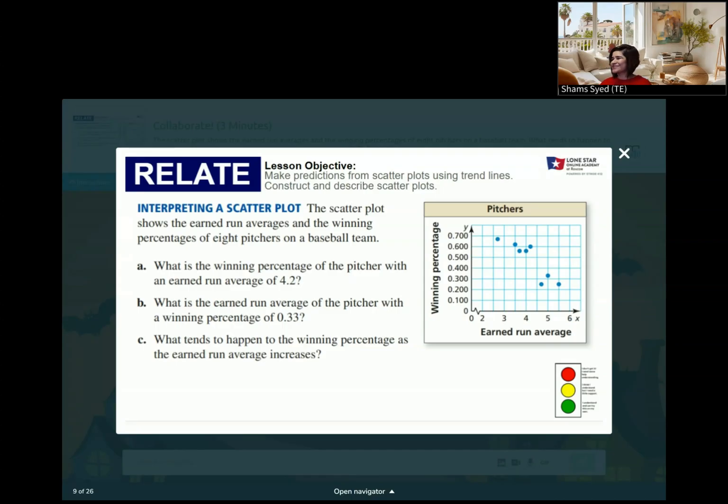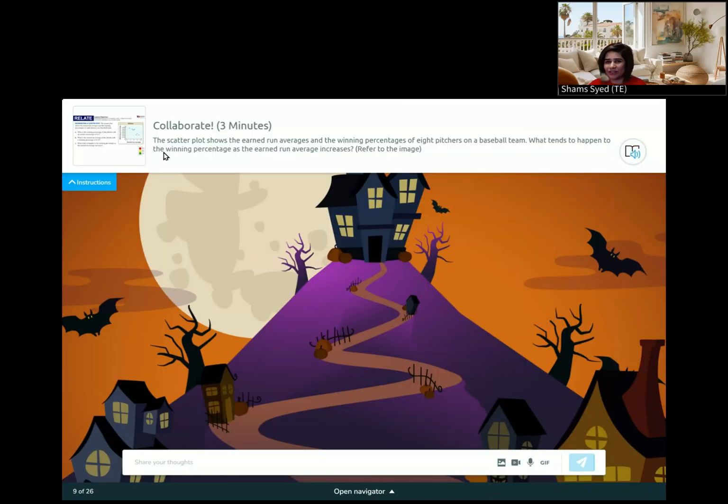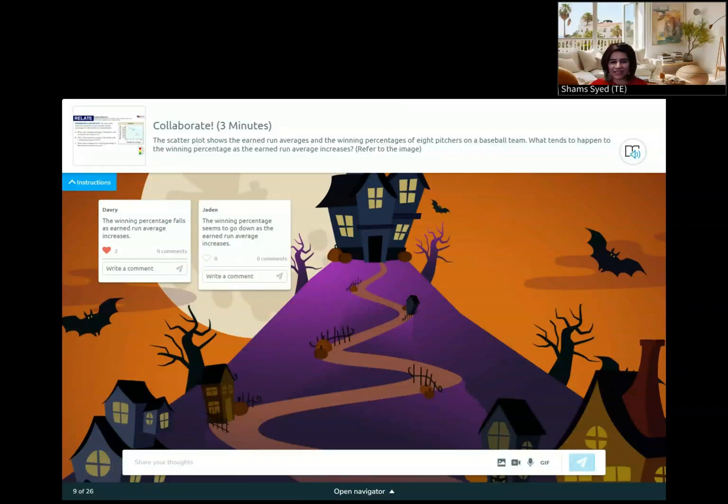Hope sees the winning percentages decrease as the earned run average increases. Part C, Zayla. This is the discussion post. What tends to happen? Davy has a response. The winning percentages fall as earned run averages increase. Davy, your post is so well written out, beautifully written out.